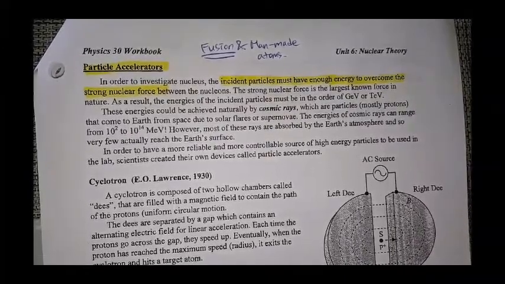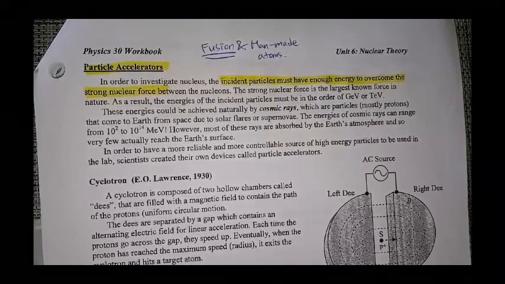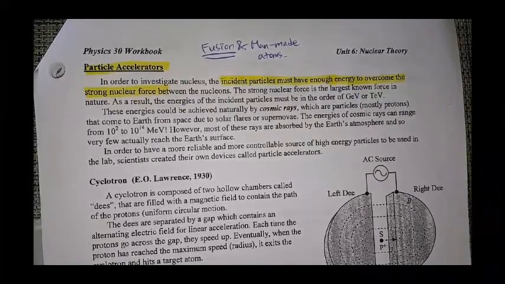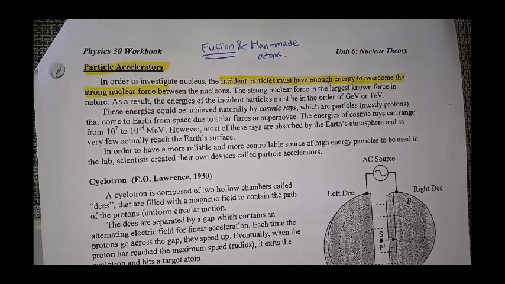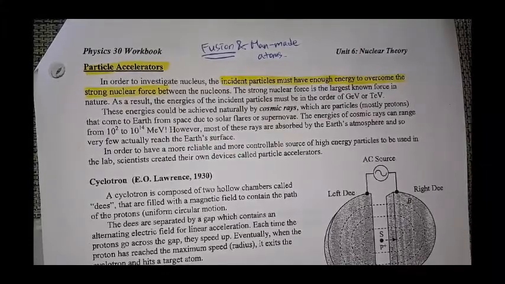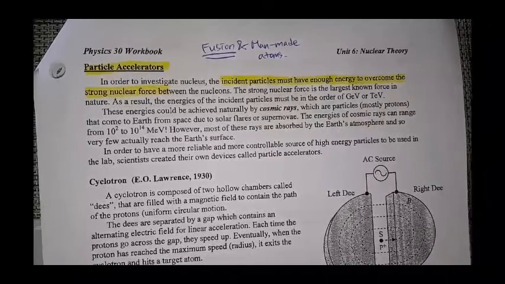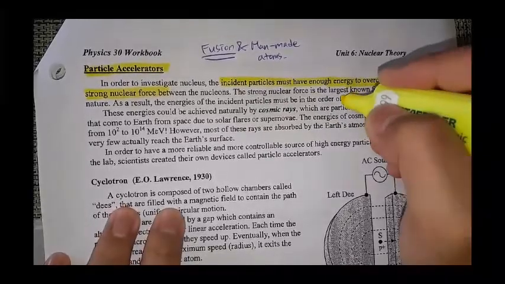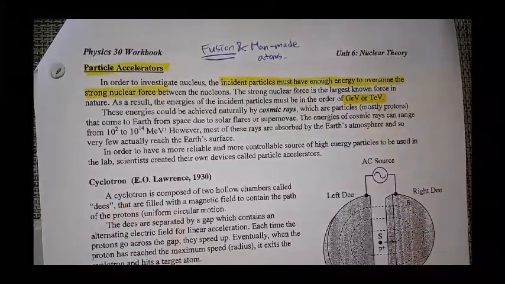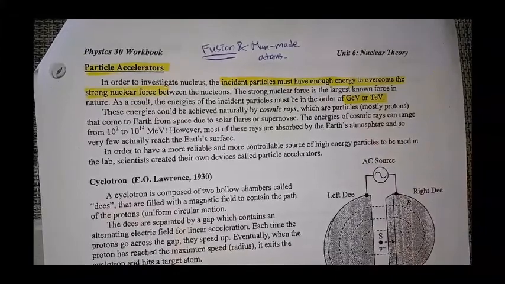In fact, over 1 million Kelvin of heat energy will be produced. In order to overcome that, a particle needs to reach almost the speed of a photon, so 3.00 times 10 to the power of 8 meters per second. To do that, the energy is in giga electron volts or tera electron volts.